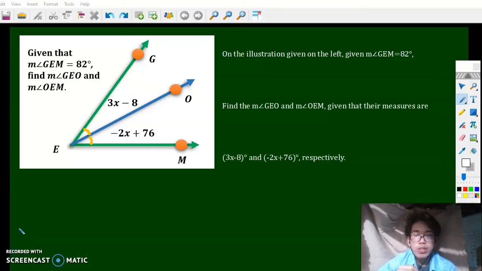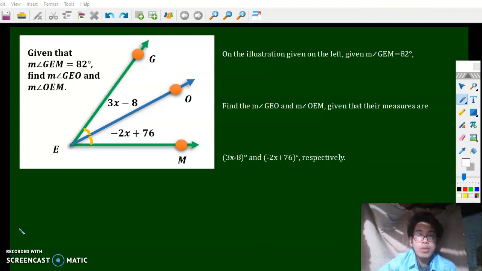Okay, so we're going to continue with our problem. Given that the measurement of angle GEM is equal to 82 degrees, find the measurement of angle GEO and angle OEM. We also have the measurements of angle GEO and angle OEM as algebraic expressions.